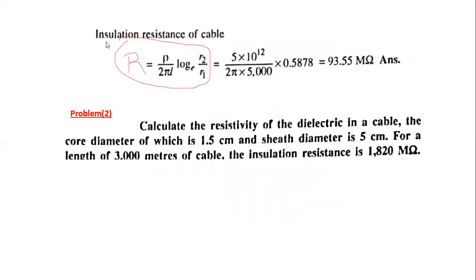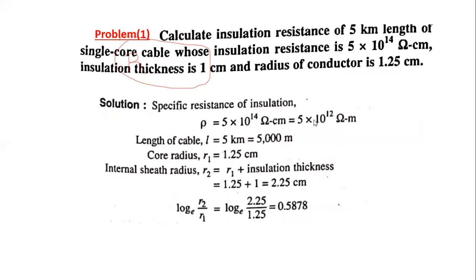Next, we calculate the insulation resistance of the cable, that is R. Therefore, R is equal to rho by 2 pi L log e R2 by R1, where rho is the specific resistance and L is the length. What is the rho value? 5 into 10 power 12 by 2 pi into L. What is the length?